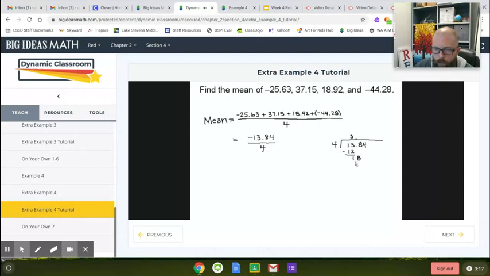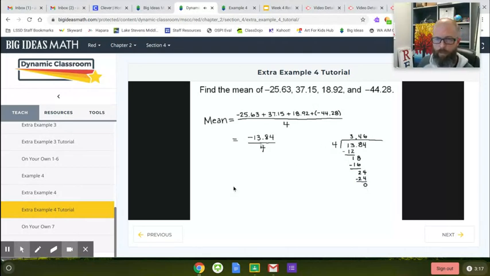Then we have 2 and bring down the 4 for 24. Now 4 divides into 24 6 times. And 6 times 4 is 24, so we have a remainder of 0. So now we found 13 and 84 hundredths divided by 4 is equal to 3 and 46 hundredths.